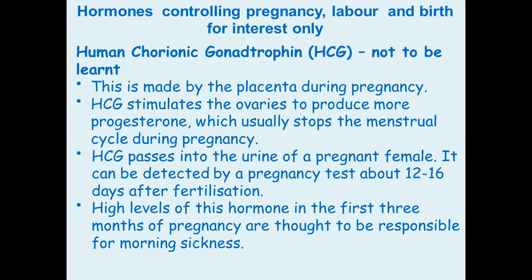And that usually stops the menstrual cycle during pregnancy. It passes into the urine of a pregnant female and can be detected by a pregnancy test about 12 to 16 days after fertilization. It is thought that morning sickness is caused by the high levels of this hormone in the first 3 months of pregnancy.